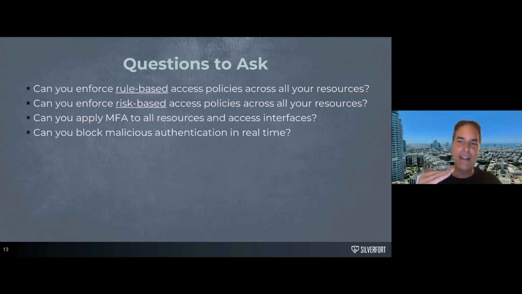There is a path that an attacker can take to get into and move through your environment. And can you block malicious access in real time, right? This is a real key component of this. We've got lots of different security products, and they're feeding us lots of data, but it's really that ability to do this in real time that moves you further down the zero trust journey.